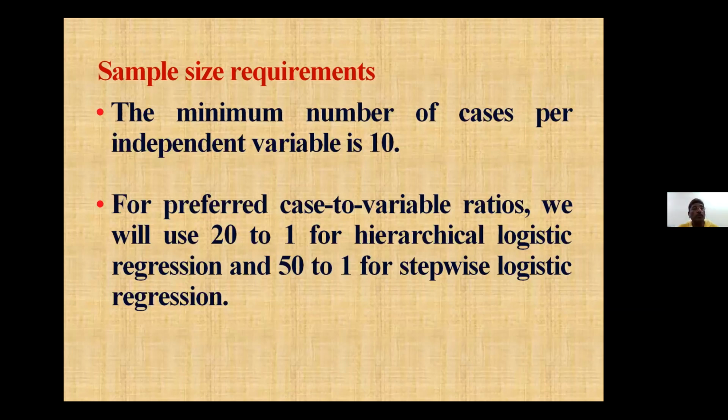So sample size should be adequate, but it is less than the demand of discriminant analysis. That is why logistic regression is more useful than the old technique, discriminant analysis. But the purpose of both analyses is the same.